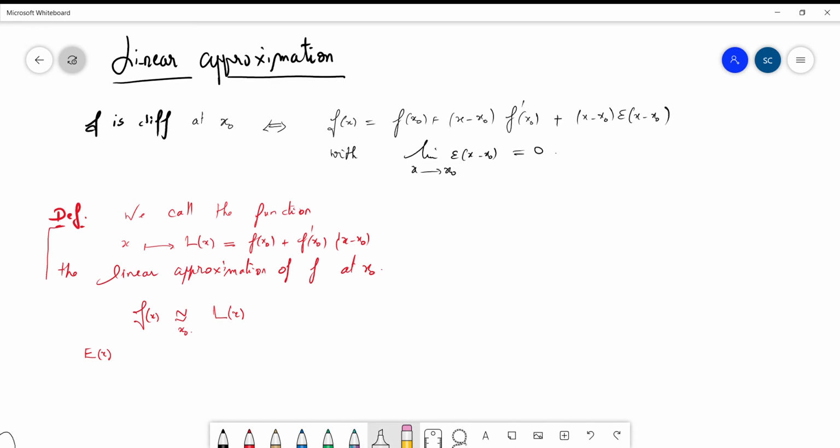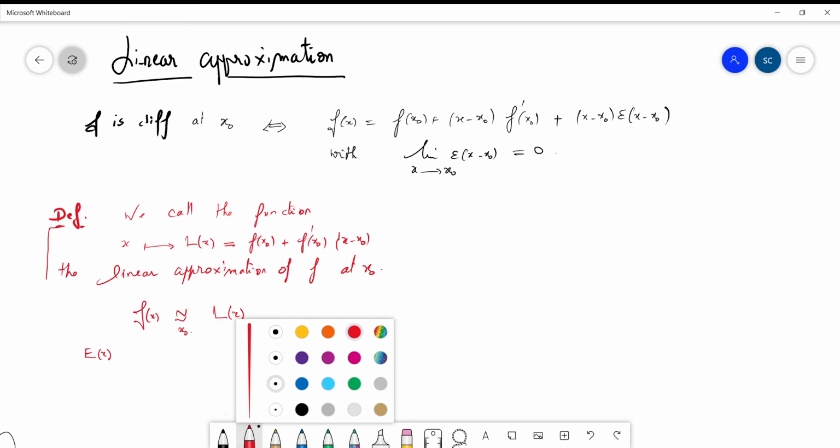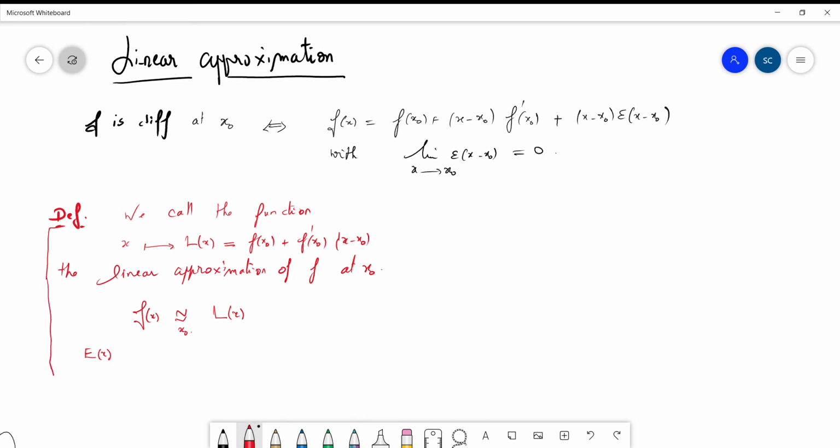Let's include this in the definition: the difference in absolute value, |f(x) minus L(x)|, is the error of the approximation. This is the difference between the exact value and the approximate value at x.